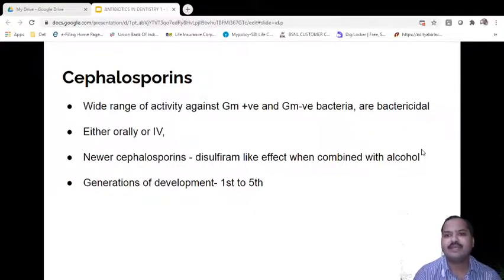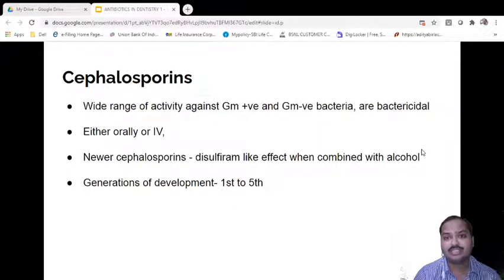Allergic reactions like skin rashes, fever, serum sickness are usually lesser with cephalosporins. But some of the newer cephalosporins can cause a disulfiram-like reaction when combined with alcohol. So we'll be very careful when giving cephalosporins to patients who consume alcohol.